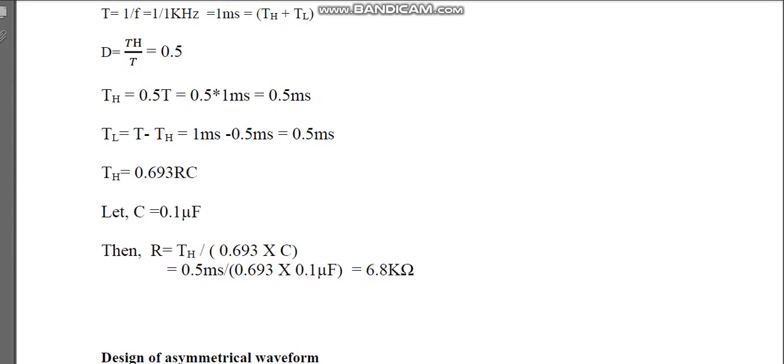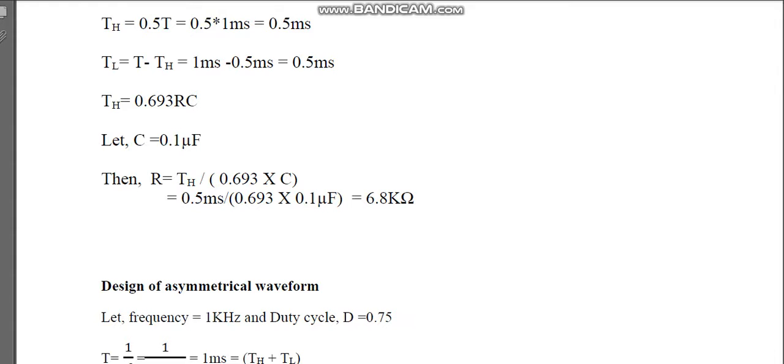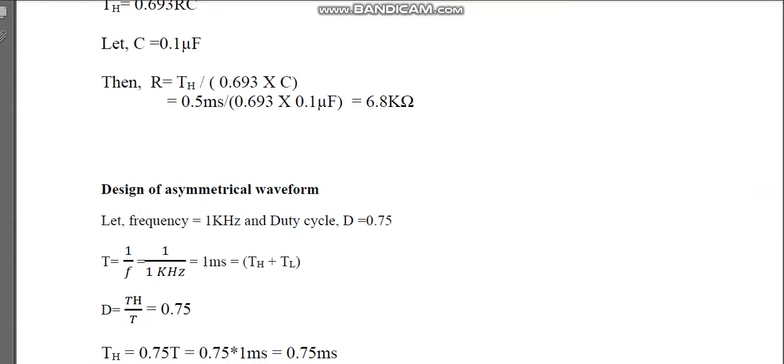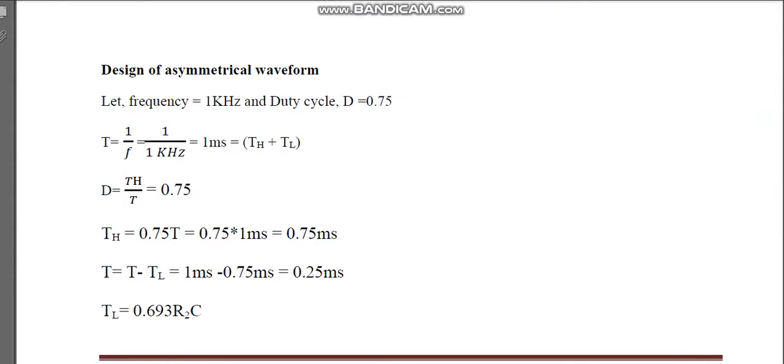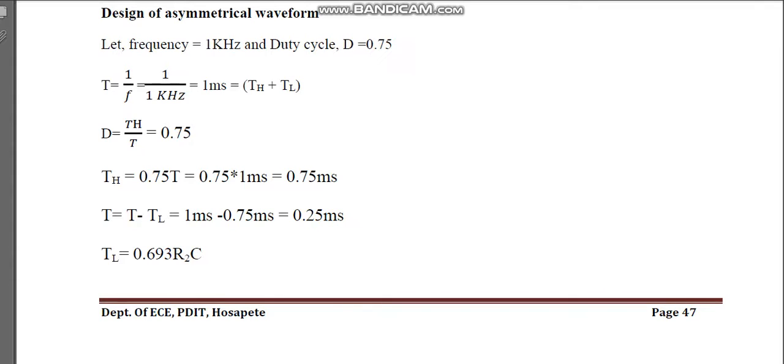So the required expressions, the equations have already been given previously. So just substitute there, you get the values of R. And in asymmetrical here, D is 0.75. You have the D value 0.75 and substitute in the expression. So 0.75 into TH, that is D is equal to what?